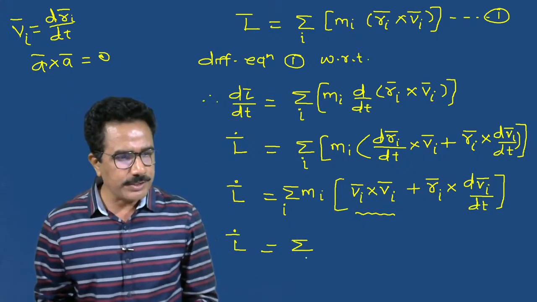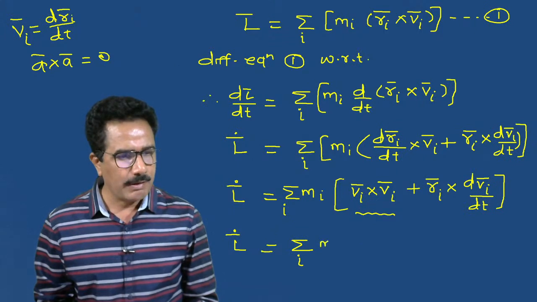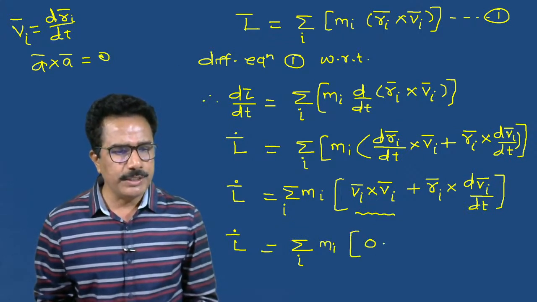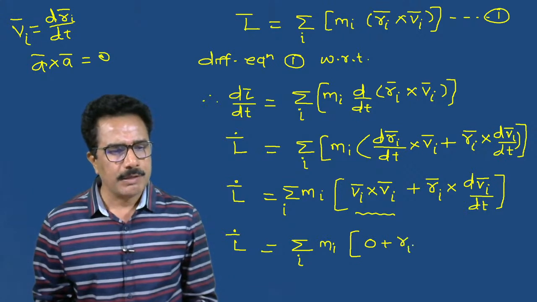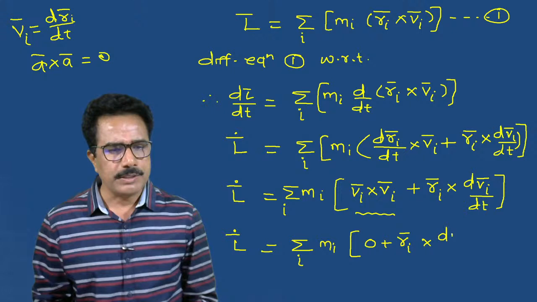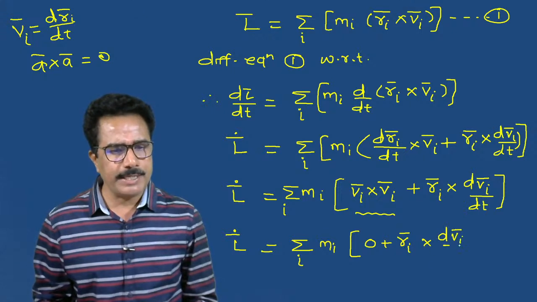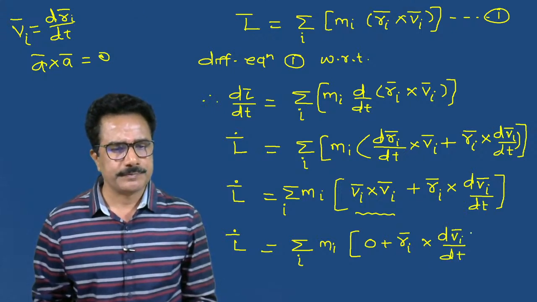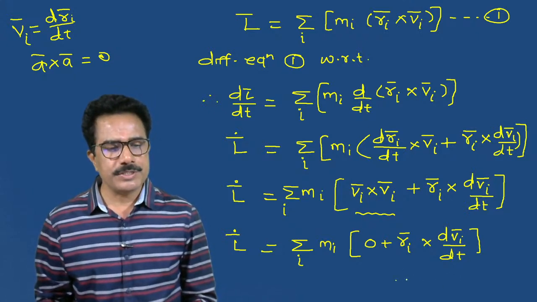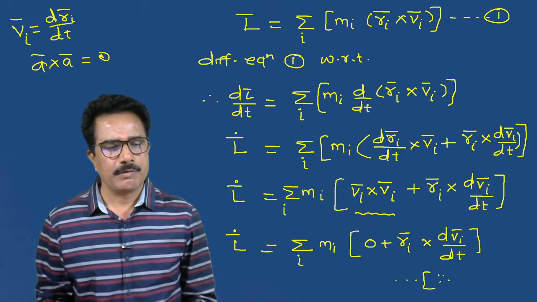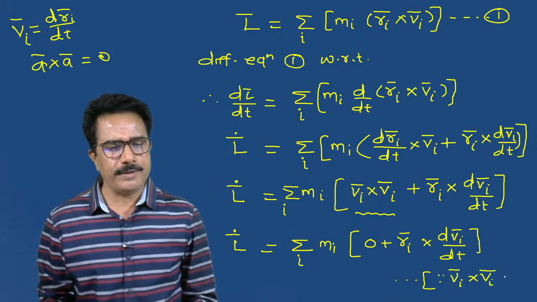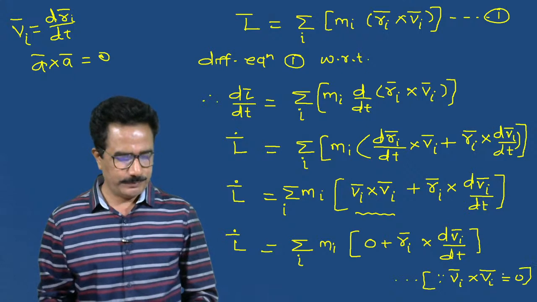So summation over i of mi into 0 plus ri bar cross dvi bar by dt. Here vi cross vi is equal to 0.